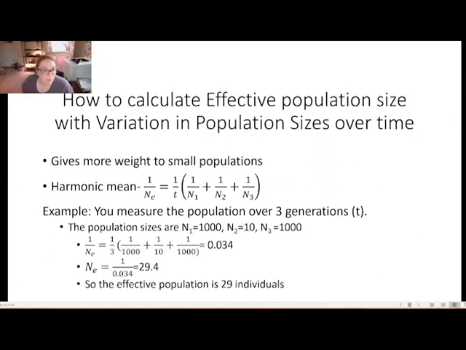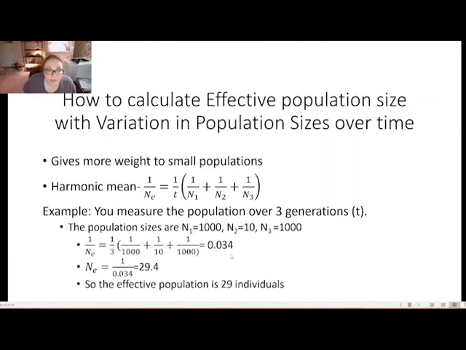Okay. So there is a mathematical way to look at this. Your effective population would be 1 over T times the sum of 1 over each population size. T is your time, your number of generations, so here it would be 3. So you have 1 over 1,000 plus 1 over 10 plus 1 over 1,000.